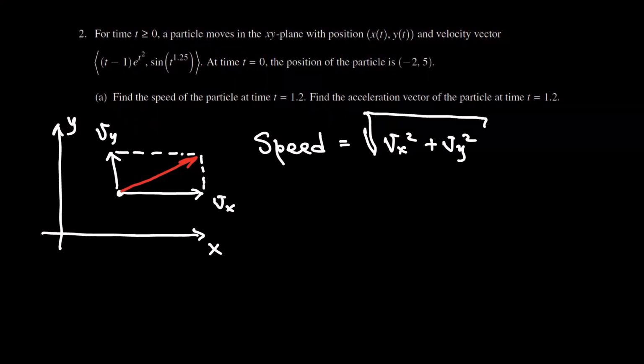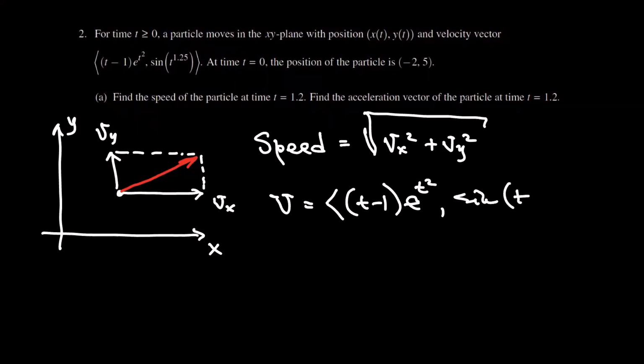And so in our case, V is equal to the vector (t minus 1) e to the power t squared and sine of t to the power 1.25.